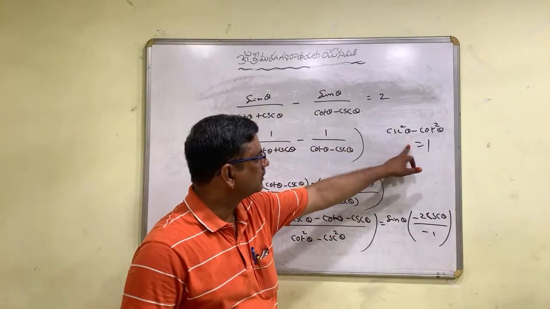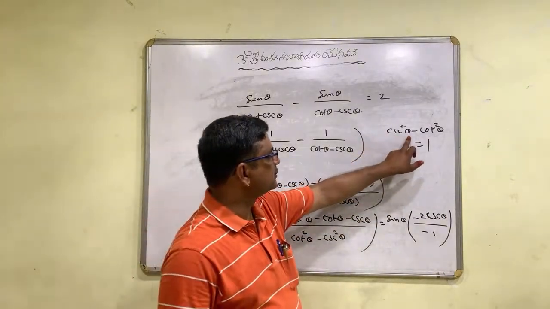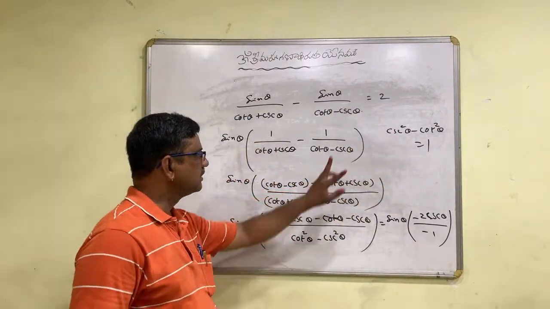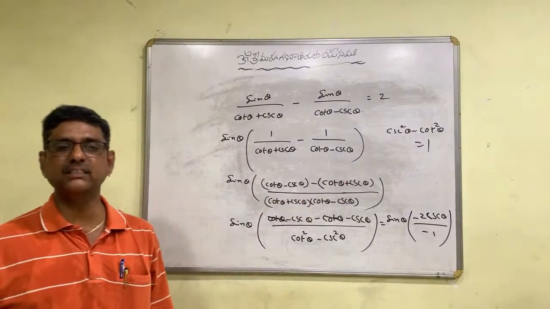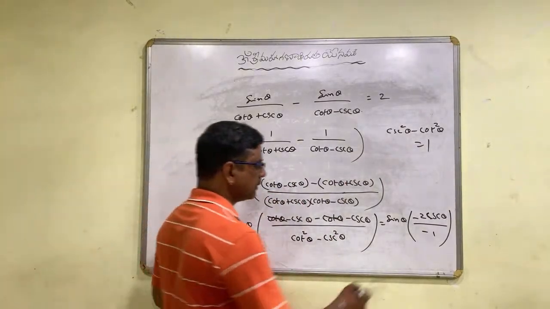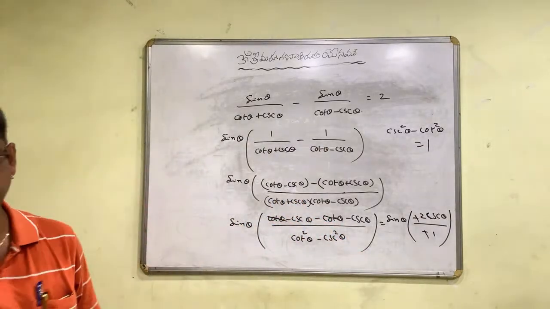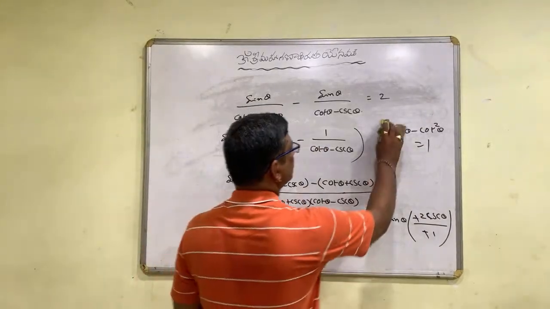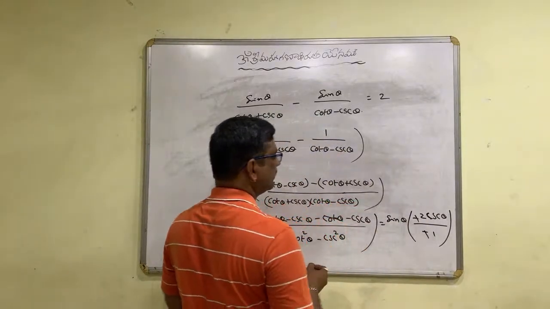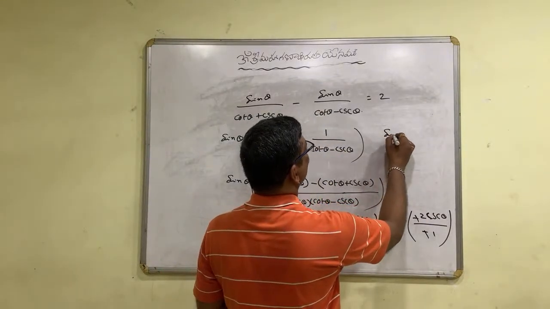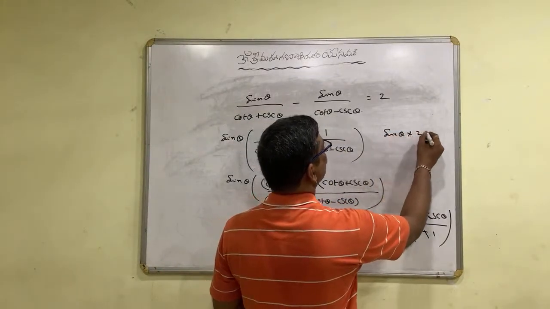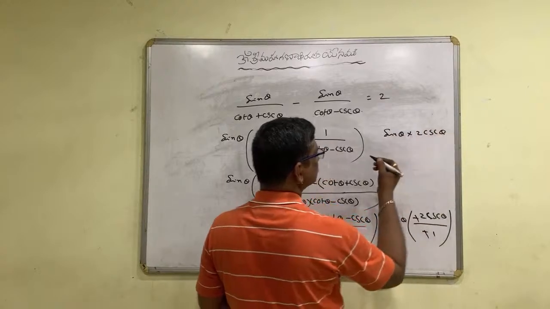This is 1, and here it's reverse, so we need to put it as minus 1. So this minus minus get cancelled, and it remains with sin theta into 2 cosecant theta.